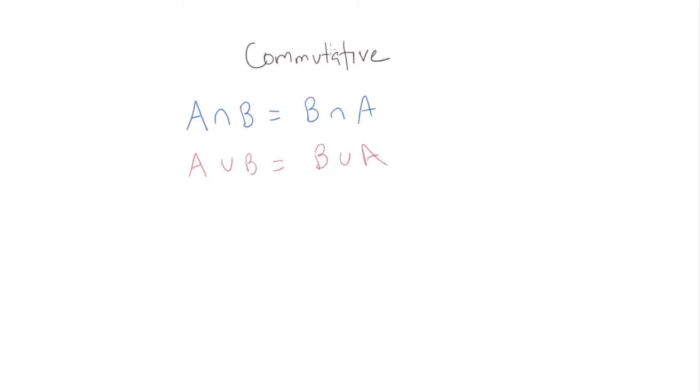So you probably remember the commutative rule when we talked about it in terms of set theory. So what was the commutative rule? The commutative rule said that A intersect B is the same thing as B intersect A, and A union B is the same thing as B union A. So commutative rule basically just says swapping is okay.